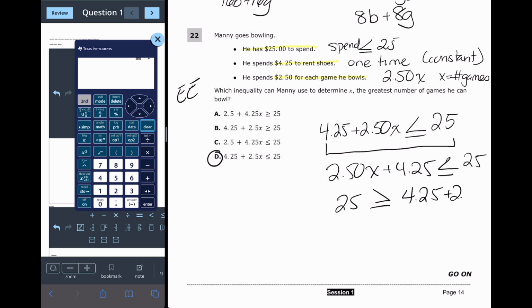So any of these. So just look at the terms, and the first two we know we can eliminate because they have the reverse sign where we can spend more than $25. And C we can eliminate because we only pay for the shoes one time, so that's not 4.25x, it would be 2.50x. Let's move on to the next one. Yeah, this was the only one that completely matched our work.